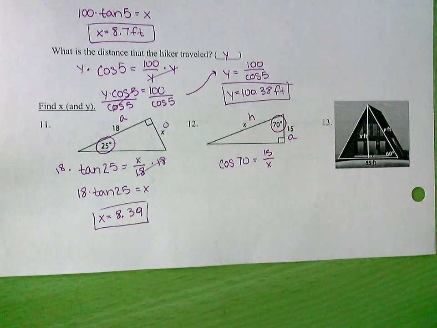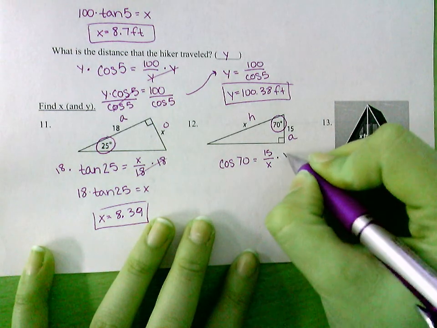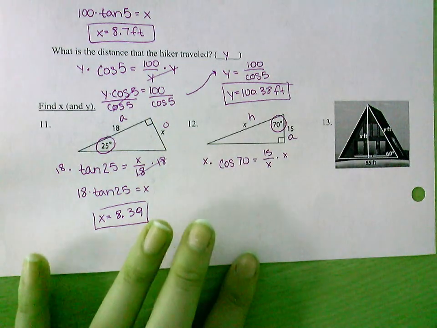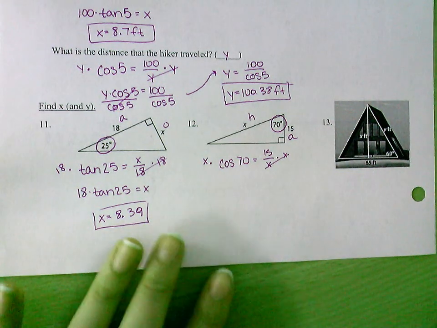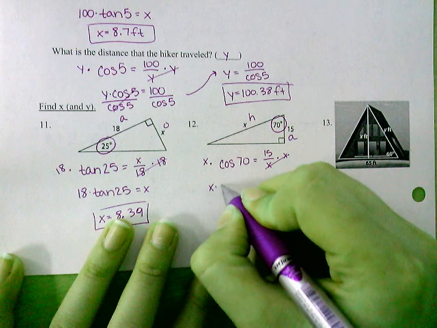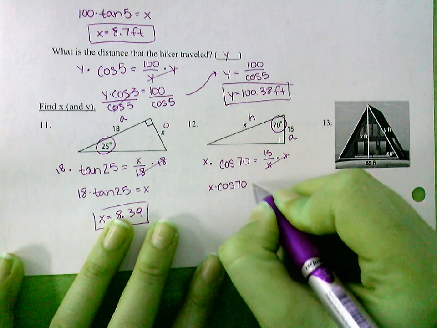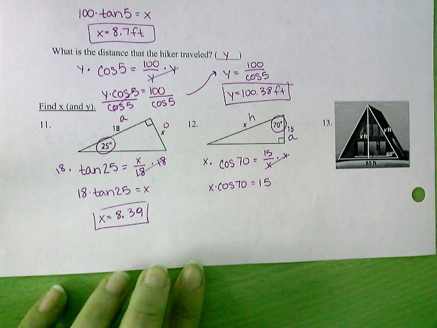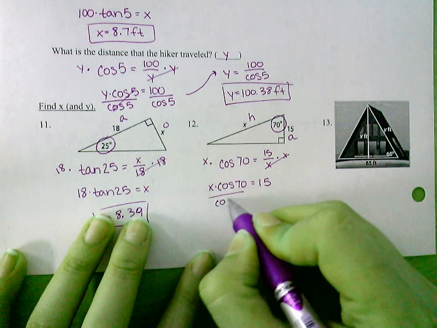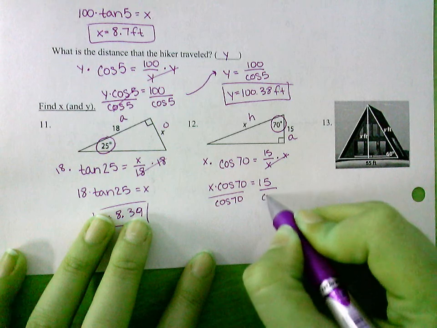Now again, when you're solving for one of these sides in your ratio, you need to multiply both sides by whatever's in that denominator. Okay, so I need to multiply both sides by x. They cancel on the right-hand side. So we have x times the cosine of 70 equals 15. I can divide both sides by cosine of 70.